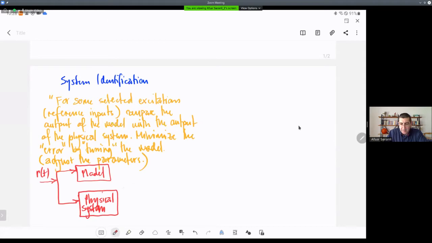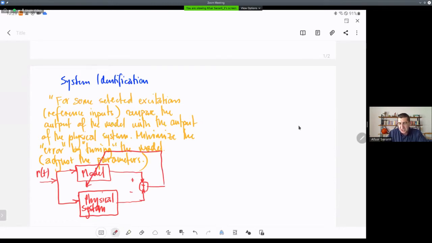You compare. So what happens is that you make a comparison between them, and the resulting signal, you basically bring it down to the model.